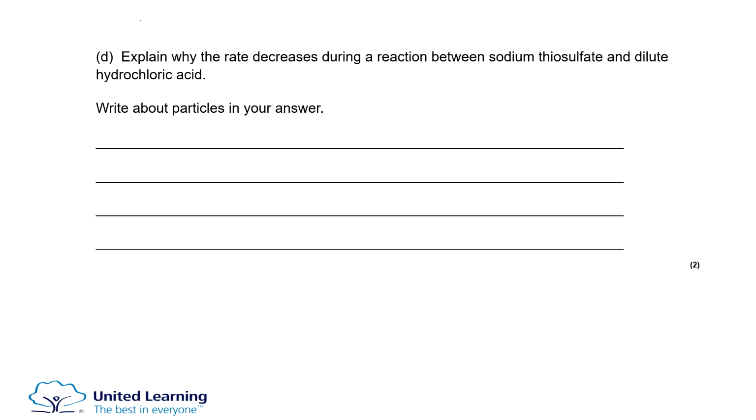So 3 things to make sure you include: less active particles, less collisions, and therefore a decrease in the rate.